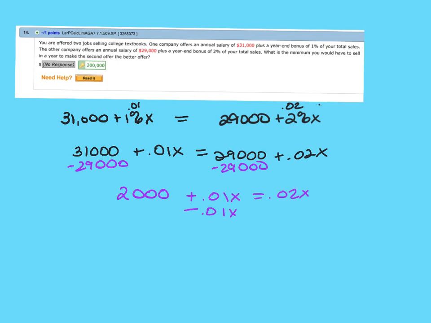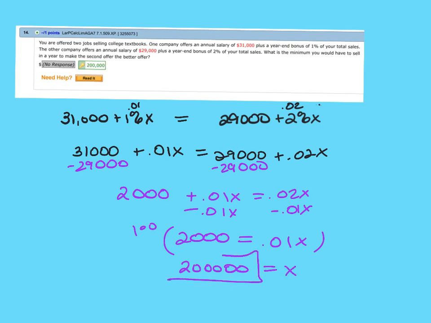Subtract the 0.01. 2,000 equals 0.01x. You can multiply by 100, and I'd get 200, add on 2 zeros, equals 1x, which is just x. So here is the $200,000 worth of sales you'd have to have in order to make that second one a better offer.